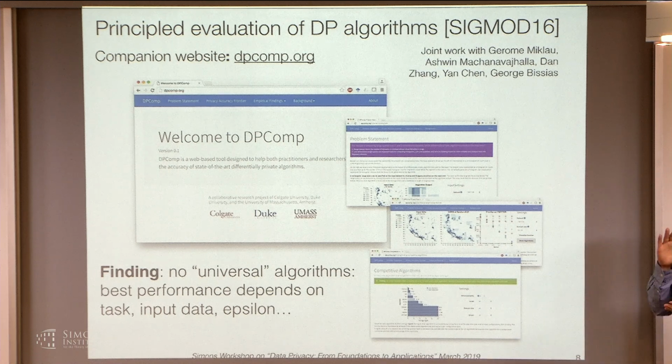And that signal strength is governed by the epsilon that you're using, the number of records in the database, as well as other factors. So if you're in a low signal regime, say really small epsilon or small data, some techniques work comparatively much better than others. But as you move to a high signal strength regime, other techniques tend to dominate. And so those two papers are really just looking at two very different regimes.